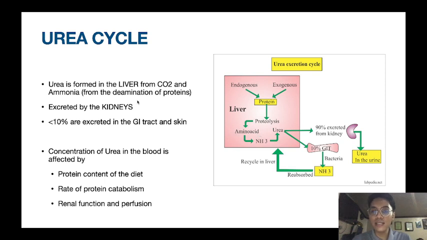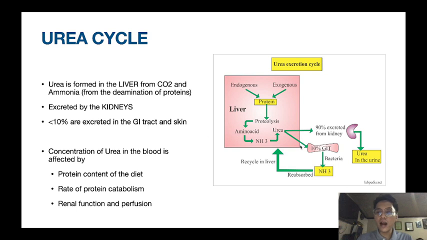Then the amino acids are deaminated to form ammonia, and that ammonia will be combined with carbon dioxide to form urea. That urea cycle happens in the liver. So don't forget, the production of urea happens in the liver.